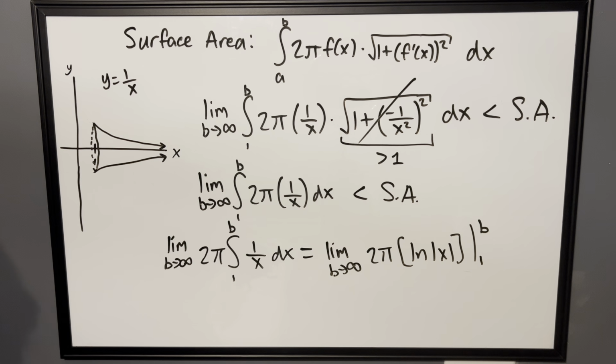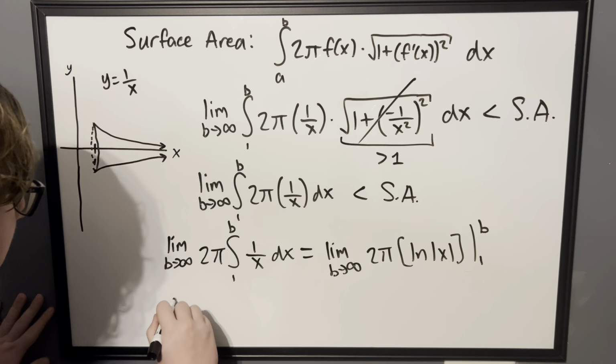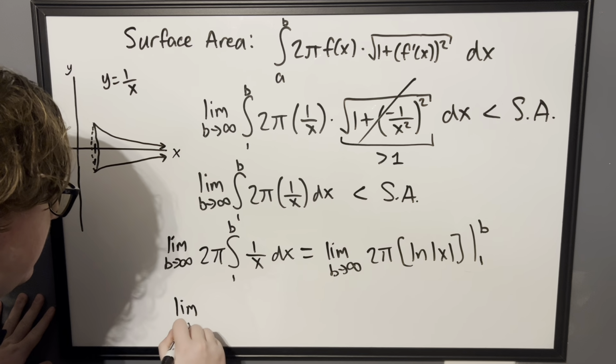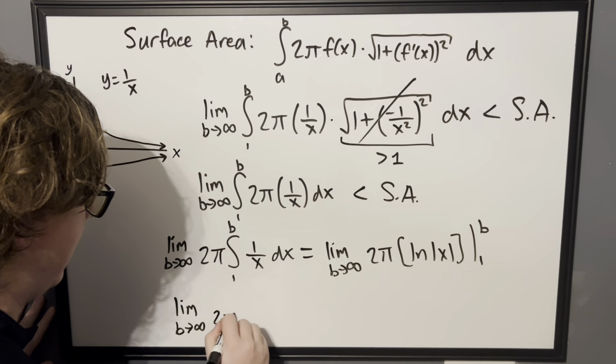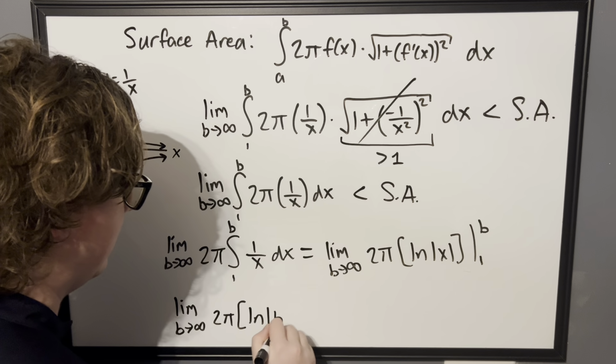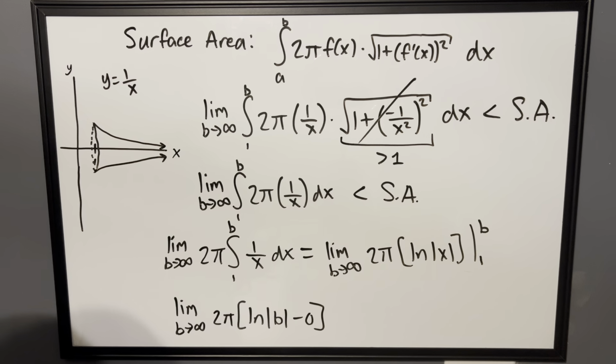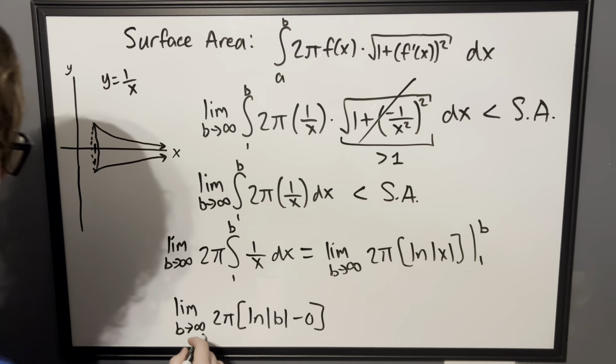Now, important to note that the natural log of 1 is always going to be 0. So we really just have the limit as b goes to infinity of 2 pi multiplied by the natural log of the absolute value of b minus 0, because that second term, when we plug in 1, is always going to be 0. Now we'll just plug in infinity here.